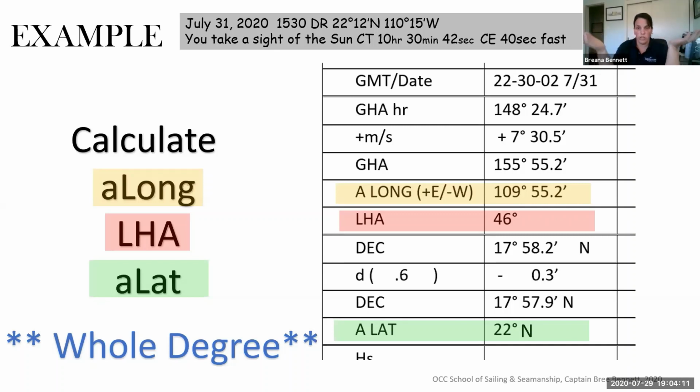Because we're at 110.15, if you just go with 110, not a big deal. Technically 109.55 is closest to 110 versus 110.55. Does that make sense of how I got my assumed longitude?